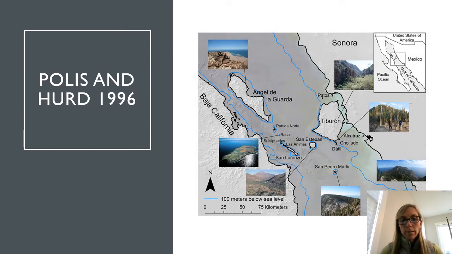The book talked about a study of some small, really nutrient-poor, somewhat originally deserted islands found off the Gulf of California that had a unique relationship with the marine environment there.